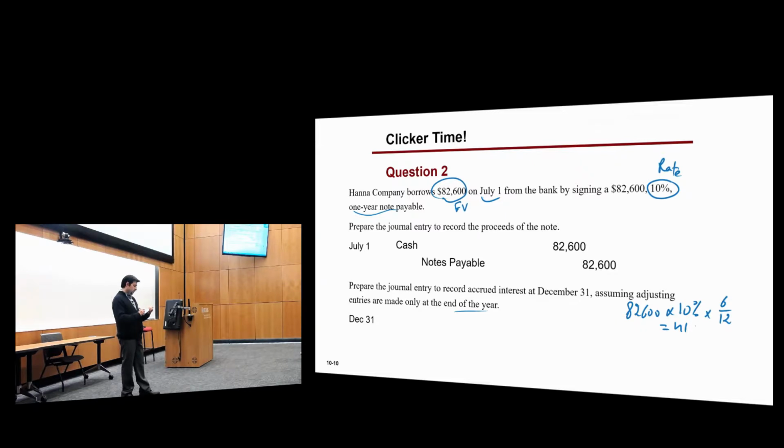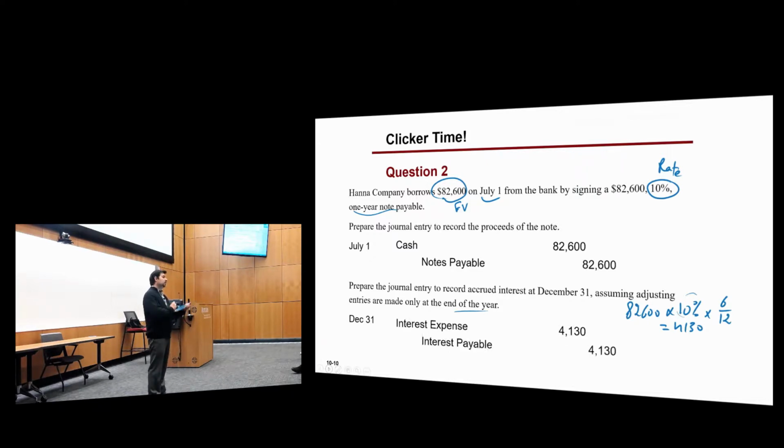It's 4,130. You have the 10% here. So the company will be recognizing the interest expense. We debit interest expense, we credit interest payable. Any questions about that? Okay.